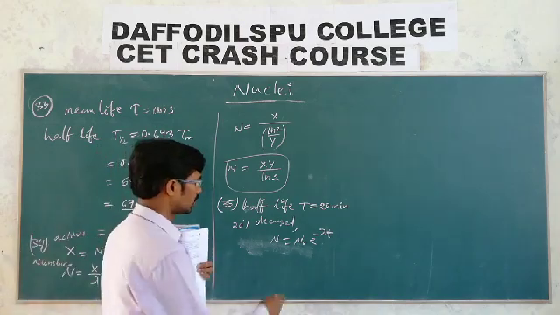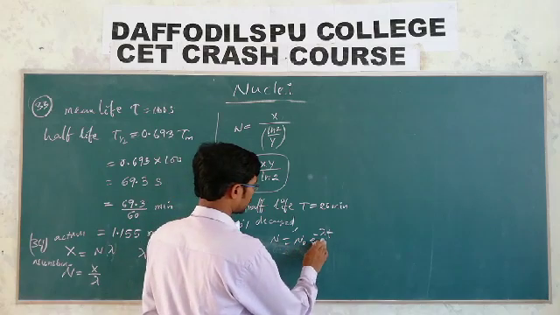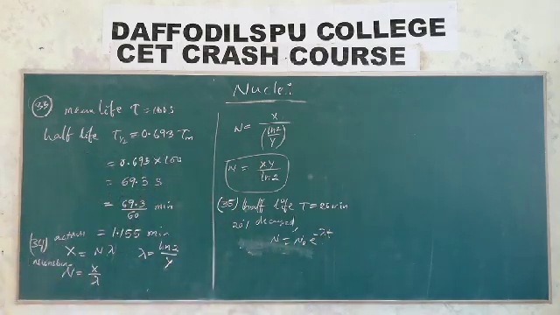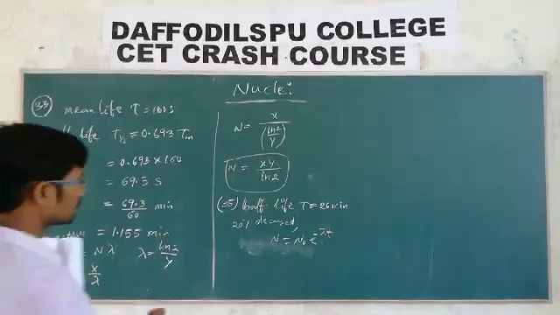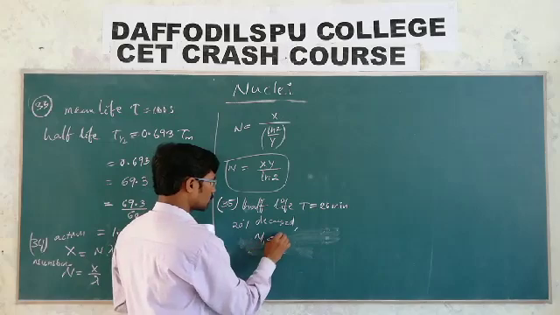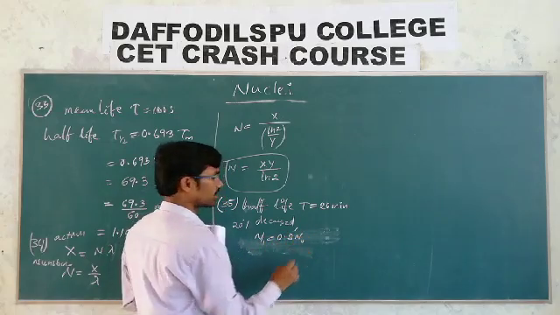Let me take n by n naught is equal to 1 by 2 power n. Similarly, for 80% decay, let me take n1 is equal to 0.8 n0.